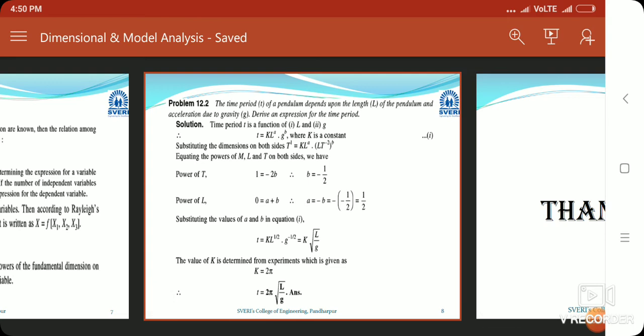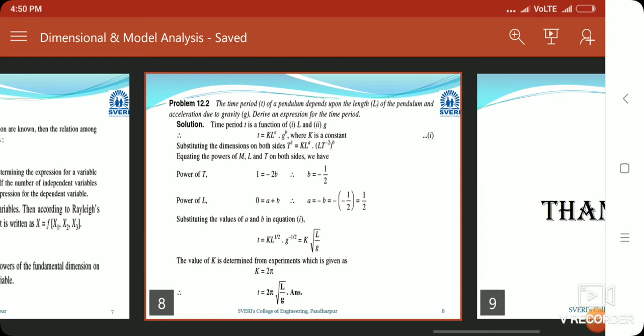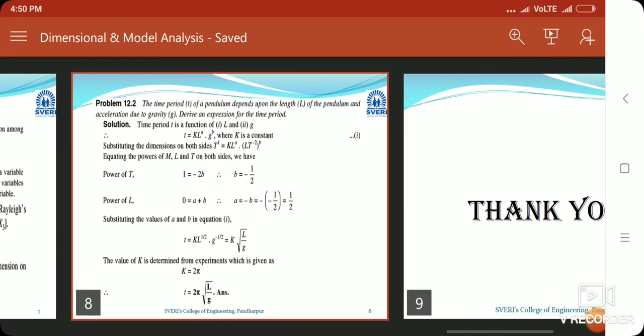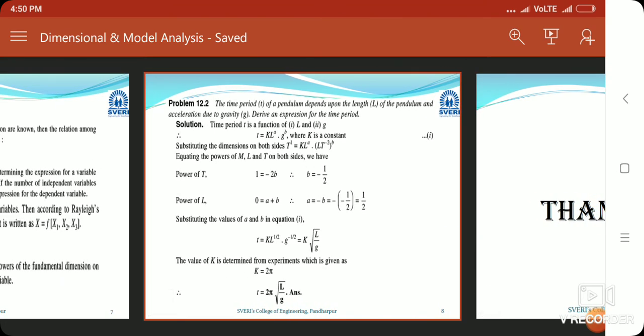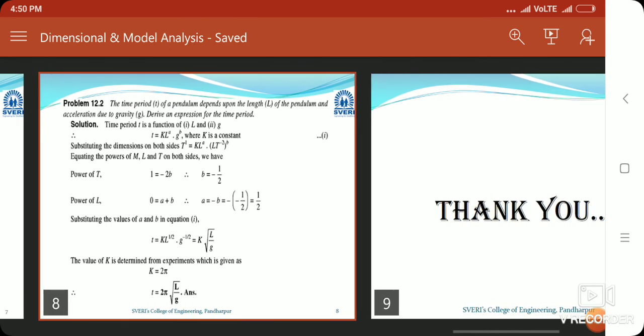Now we have to find out a and b, and for that we have to substitute the dimensions. T is nothing but the time period, so T raised to 1, is equal to k into the dimension of L, which is L raised to a, and acceleration due to gravity means L into T raised to minus 2, whole raised to b.